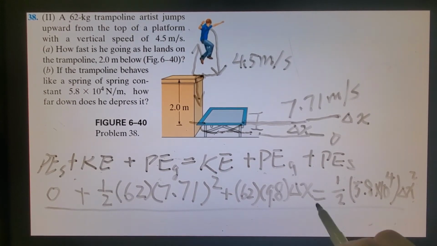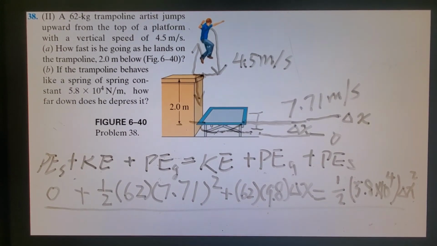I would like you to do this exercise and solve with one unknown in this equation. This is already a constant. You plug into your calculator, you get a constant here and a constant here. You cannot easily cancel the delta x. You have a square here and the first power here, but you cannot cancel it. So it will be a quadratic equation.